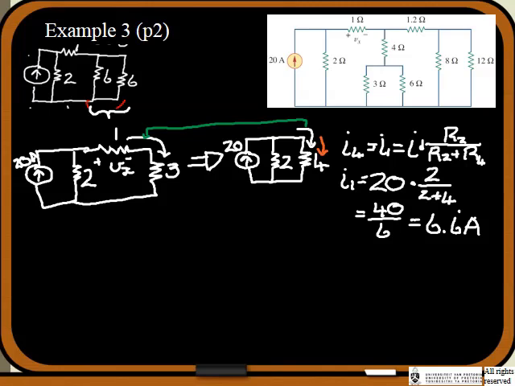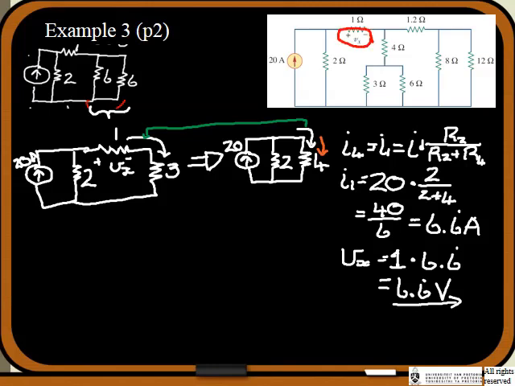So now that I have that, I know that Vx equals 1 ohm times the current of 6.6. Well, that one you don't even need a calculator for. Can you believe it? So we've got 6.6 volts across Vx. Right, so that solves our first question in terms of what is Vx.